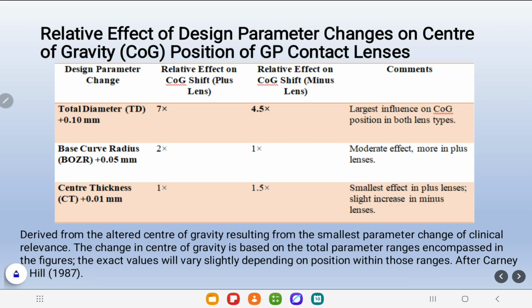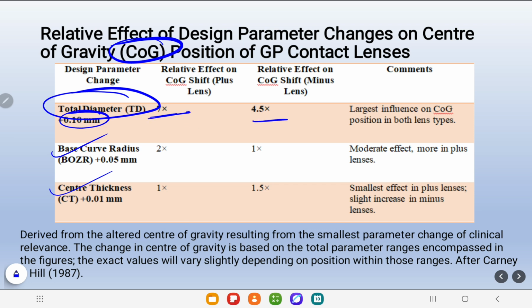So these are the tables that I want to discuss, and I have already discussed them. What happens to the center of gravity? With plus lens, it's definitely 7 times different. Total diameter is the main player, as we know, then base curve, then central thickness. If we change total diameter by 0.1, then it is 7 times in plus lens and 4.5 times in minus lens.